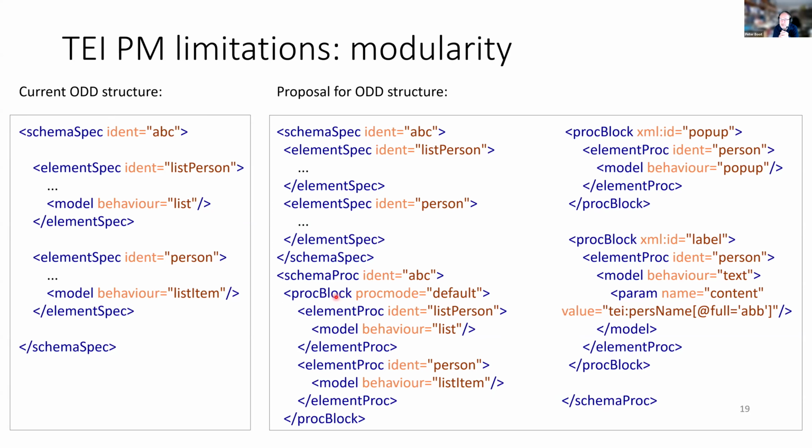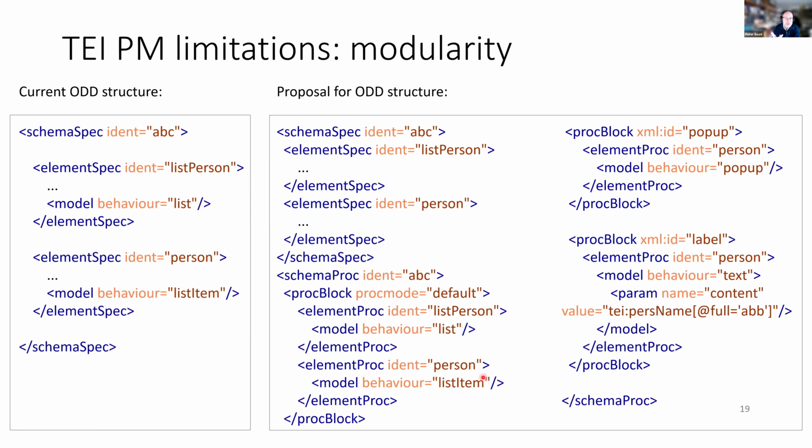My idea is that you could argue about many of the details of this, that there might be one processing block with processing mode default, where we could define, let's say, the canonical behavior that we want to see for instance, the list person element or the person element. So that would be probably a list in the list item.